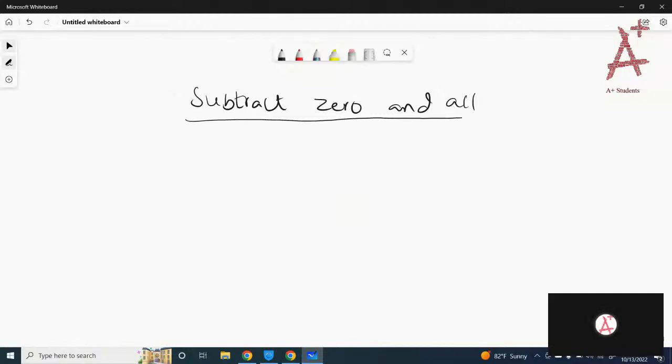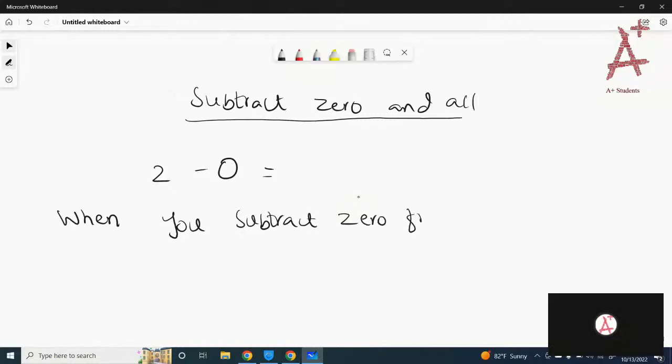Let's suppose you have 2 subtract 0. The answer is... You can note down this point in your notebook, please. When you subtract 0 from a number, the number stays the same. Got it?